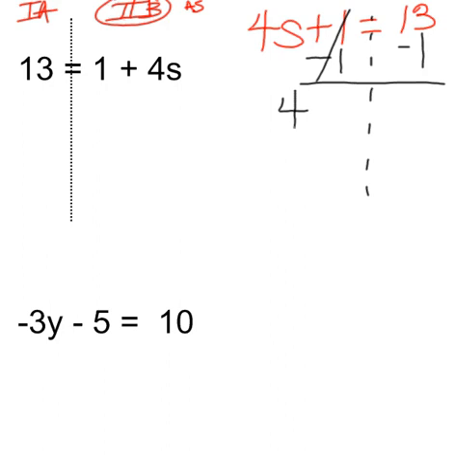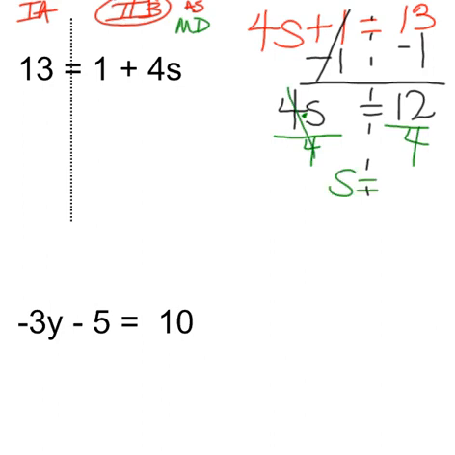We're left with 4s is equal to 13 minus 1, which is 12. My second step is to multiply or divide. Here I have 4 times s. I want to undo multiplication, so I'm going to divide on both sides by 4. So I'm left with s equals 12 divided by 4, which is 3.